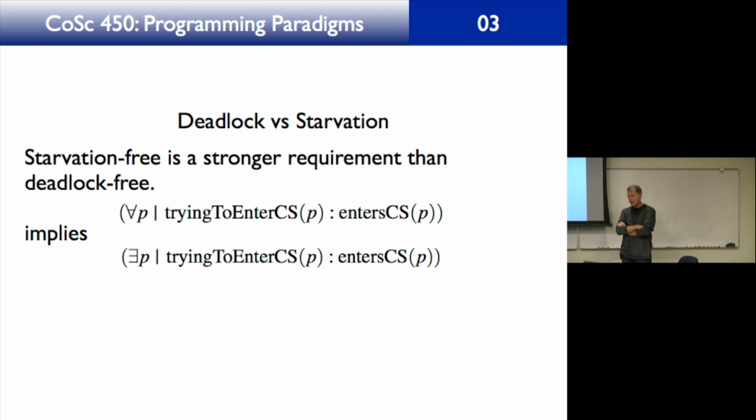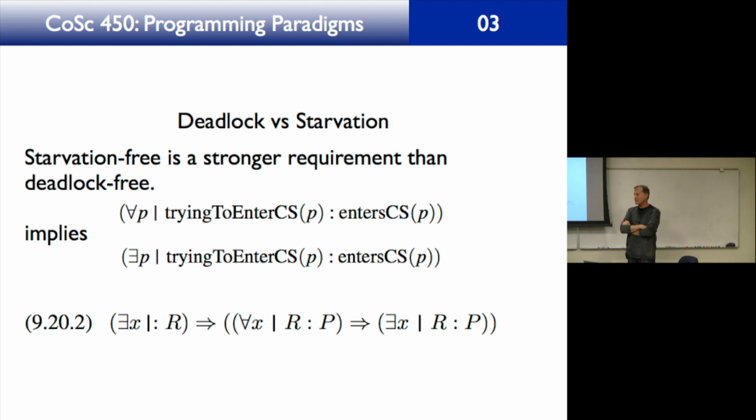Because look, isn't it true that for all P in the range trying to enter a critical section, they enter? Doesn't that imply, if it's true for all of them, then what? Then it's going to be true for one of them. Then there exists a P trying to enter. So therefore, and you guys look at this, here's another big drum roll.